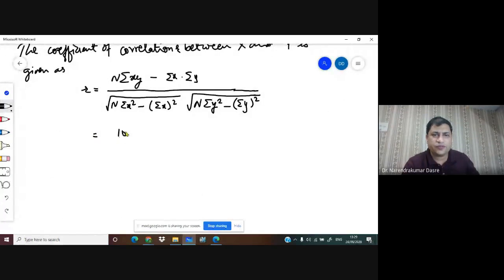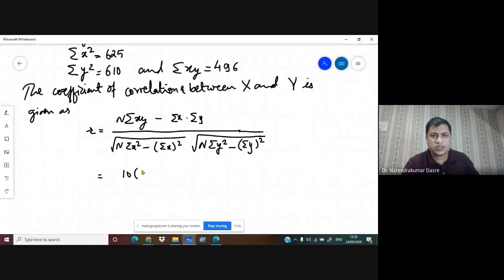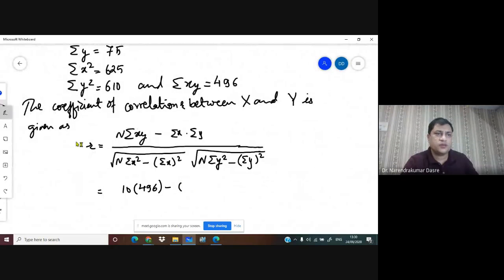So what we can have, 10 times. Okay, so what is the summation xy? Summation xy we have 496 minus summation x. Okay, so summation x is 100 here.